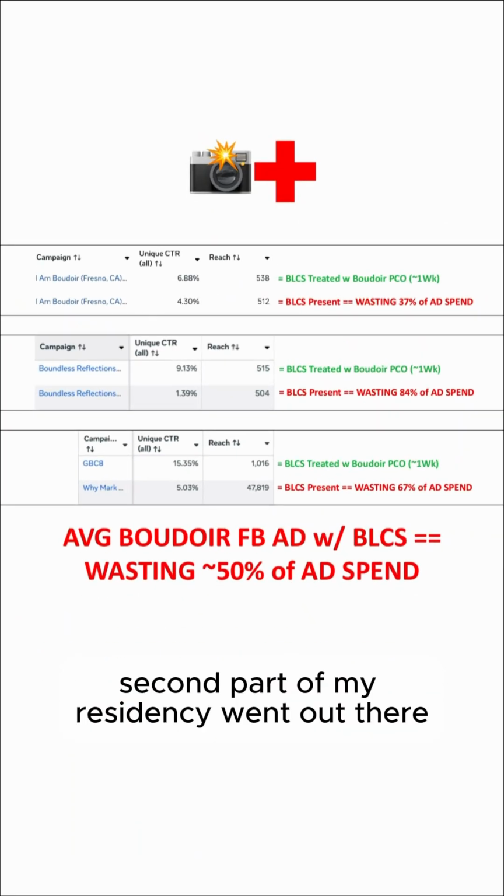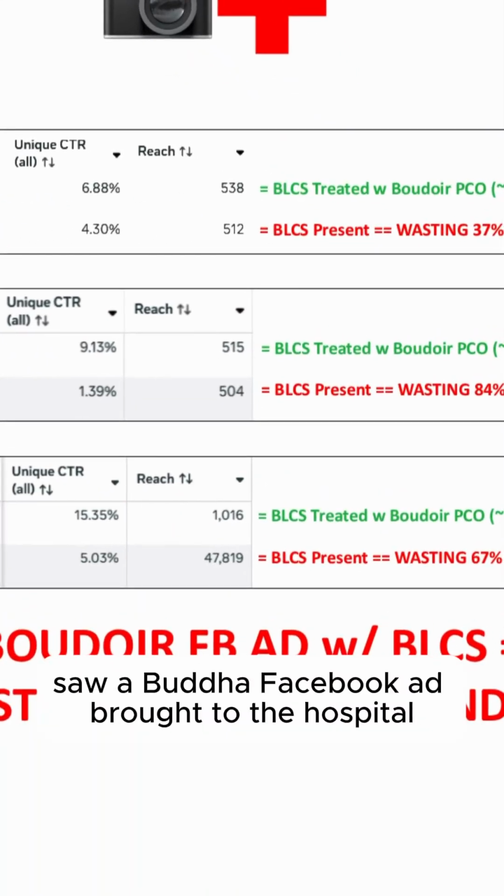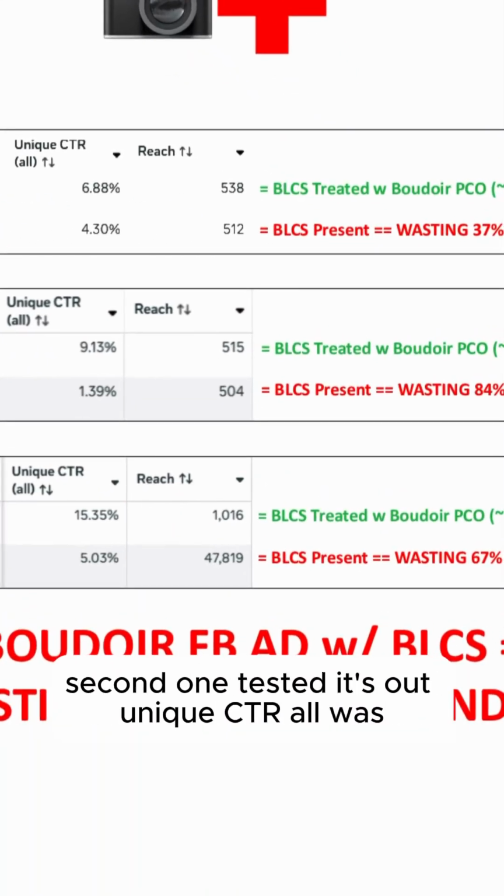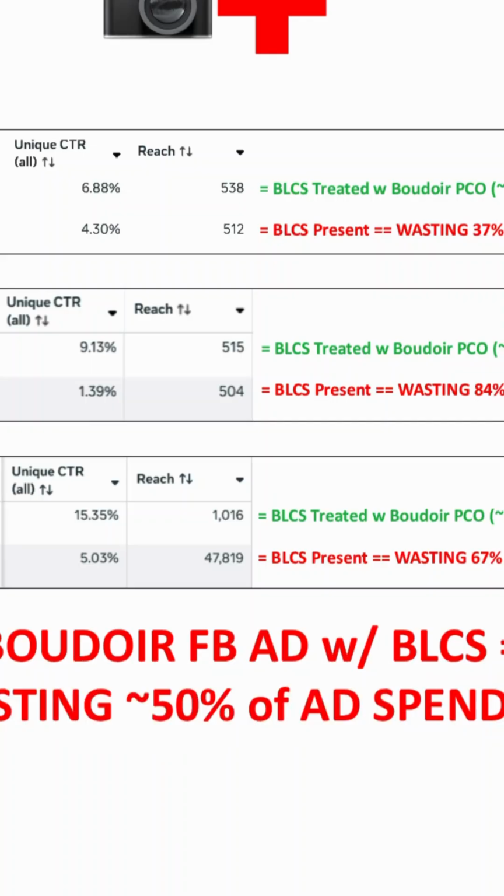Second part of my residency, went out there, saw a boudoir Facebook ad, brought it to the hospital. Tested it, saw its unique CTR was 1.39%.